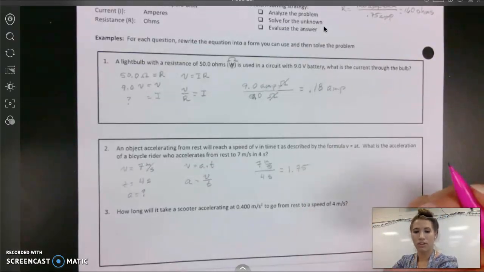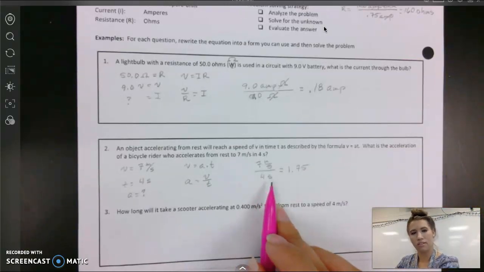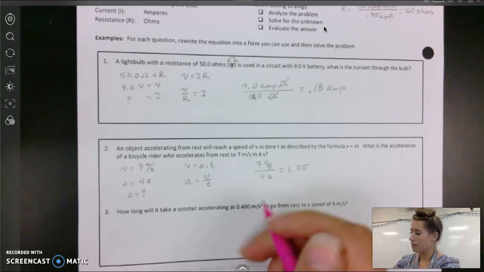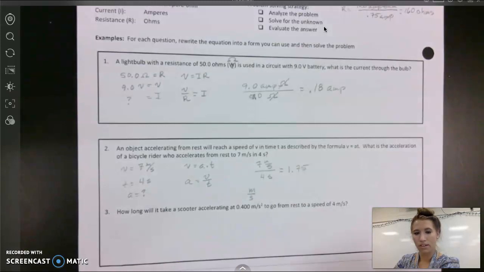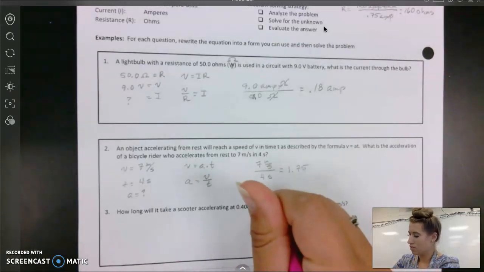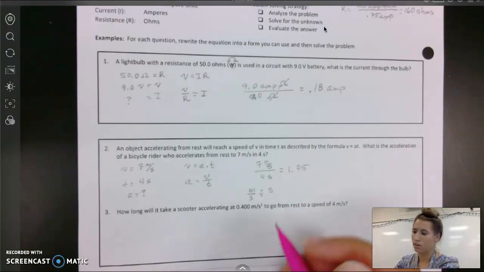Let's think through it. We're taking meters per second and we're dividing it by seconds. Let's rewrite this in a way that's easier for us to conceptualize. So meters per second, and we're going to divide by seconds. We're working with a fraction, so let's put the other value over 1.